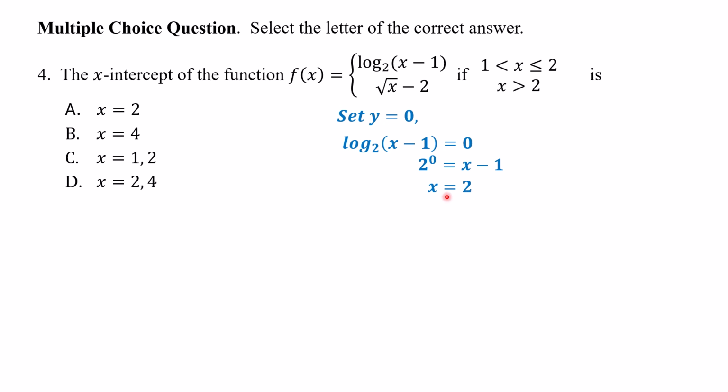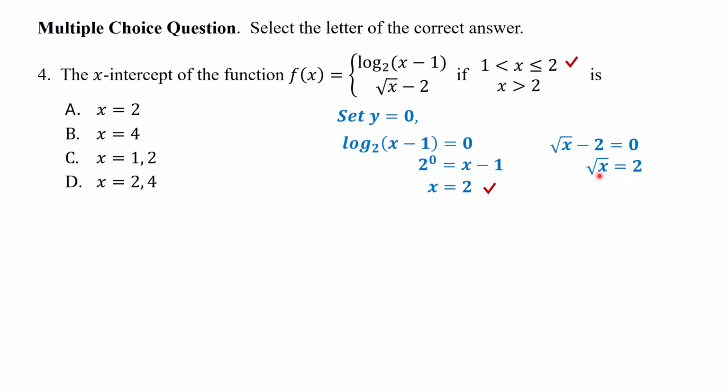And we have to check if this x value is included in the domain of the first equation, and it is. So meaning we will accept this x-intercept. And then for the second equation, we will equate this to 0. So we have square root of x minus 2 equal to 0. And then moving negative 2 to the other side, we get square root of x is equal to 2.